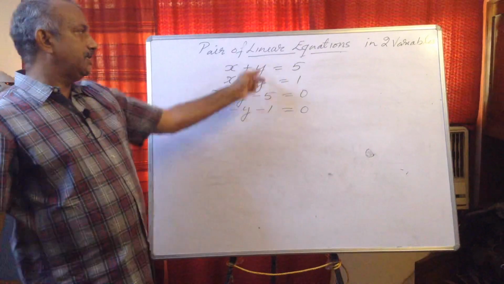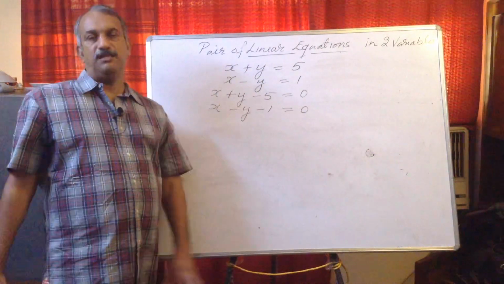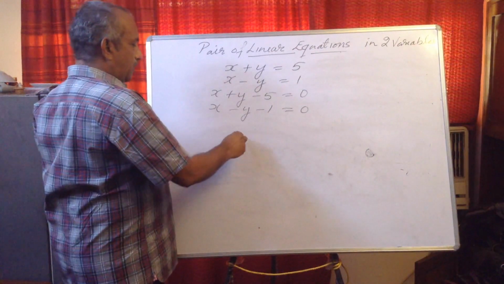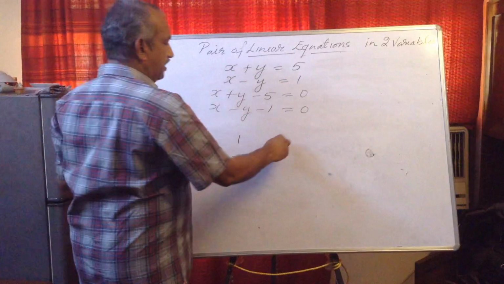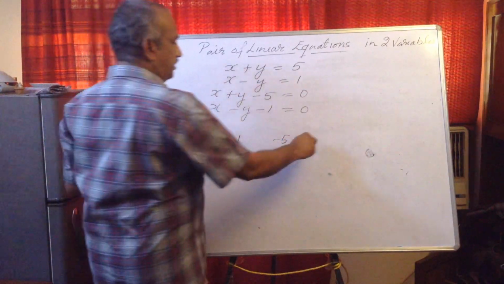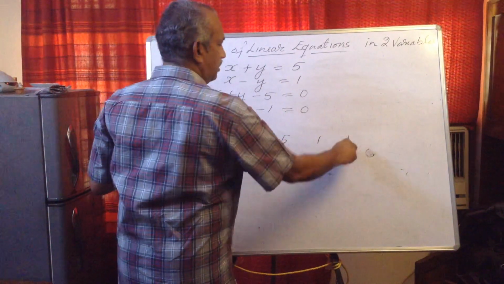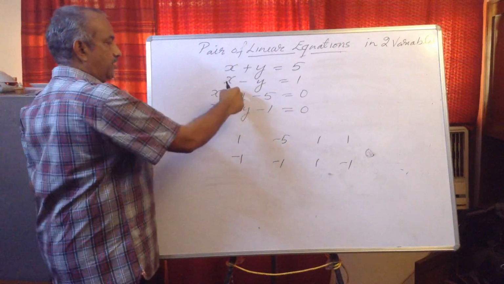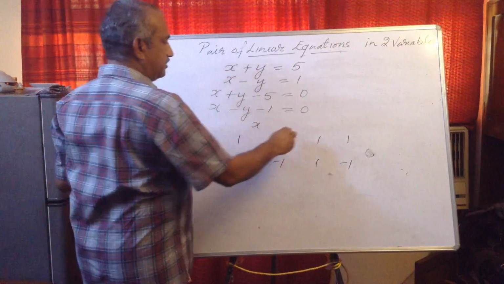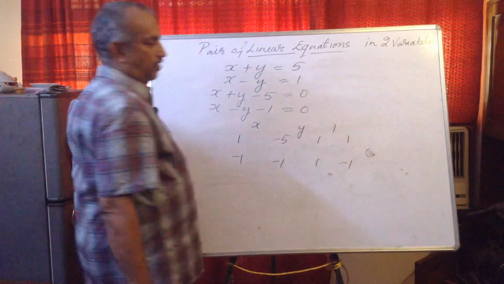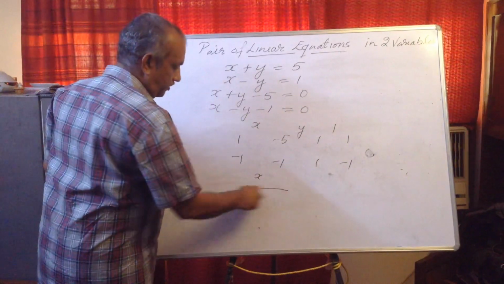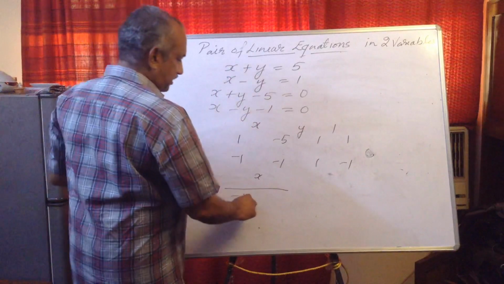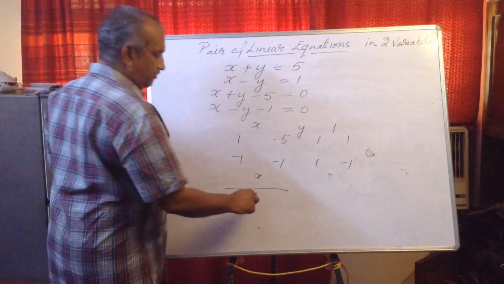Now if you are writing like this, the only difference is in place of 1 you have to write minus 1. Now b1, b2: 1, minus 1, then minus 5, minus 1, then 1, 1, then again 1, minus 1. Now here we'll write x, here we'll write y, here we'll write 1. Now cross multiply, x upon 1 into minus 1 minus 1, and minus 1 into minus 5, 5.